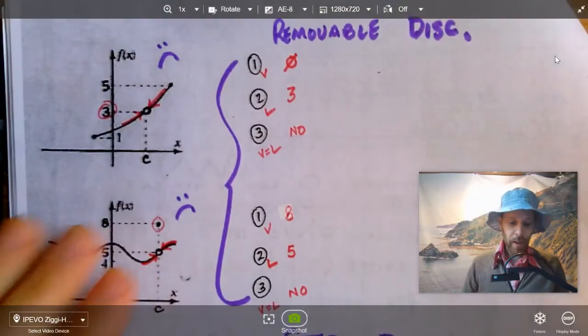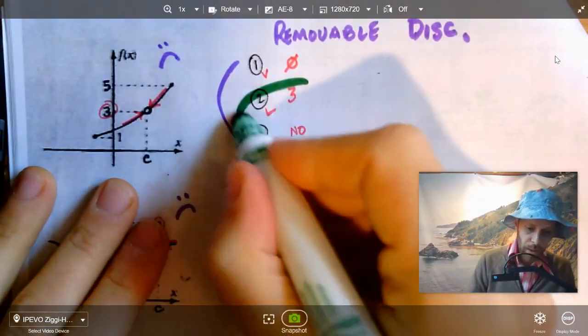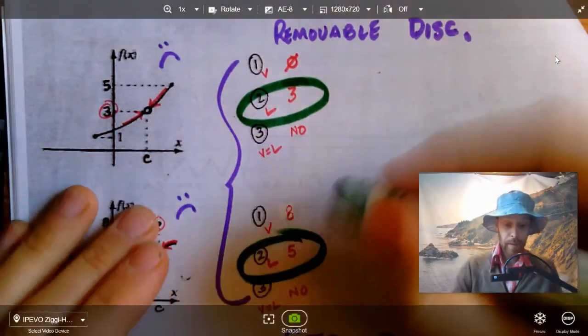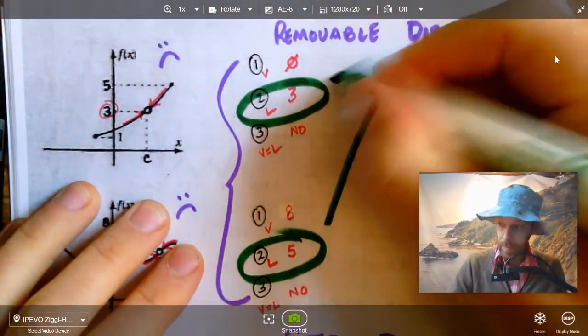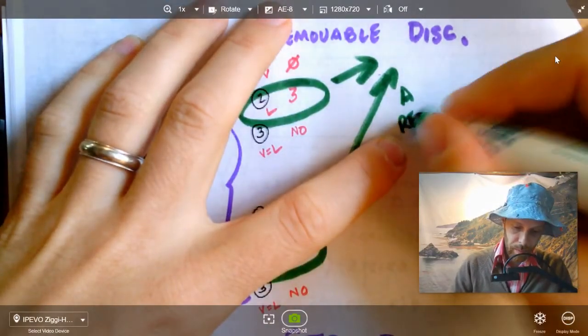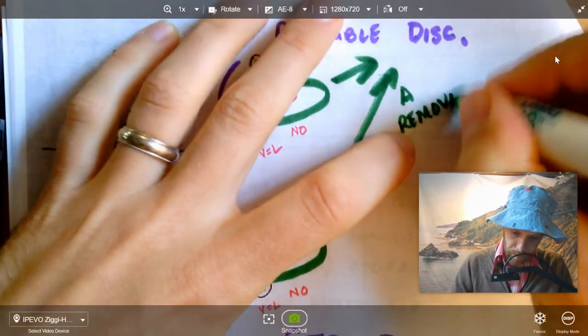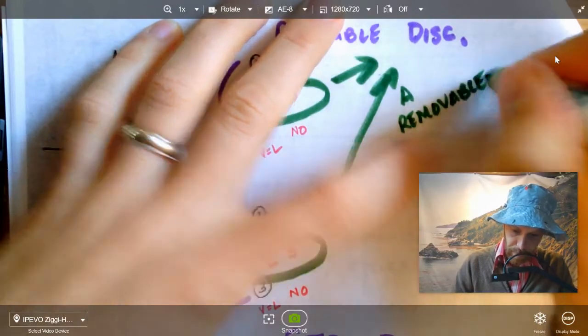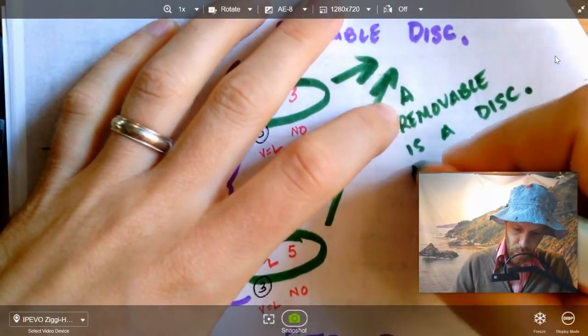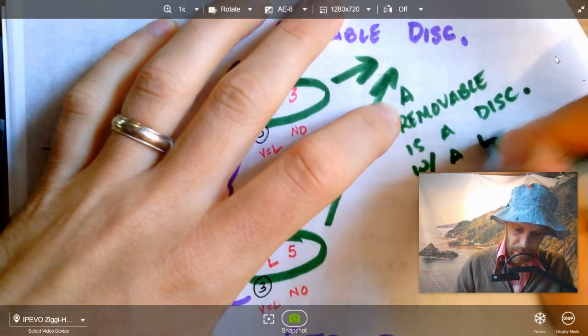And the answer is they are the only discontinuities that have a limit. So a removable is a discontinuity with a limit.